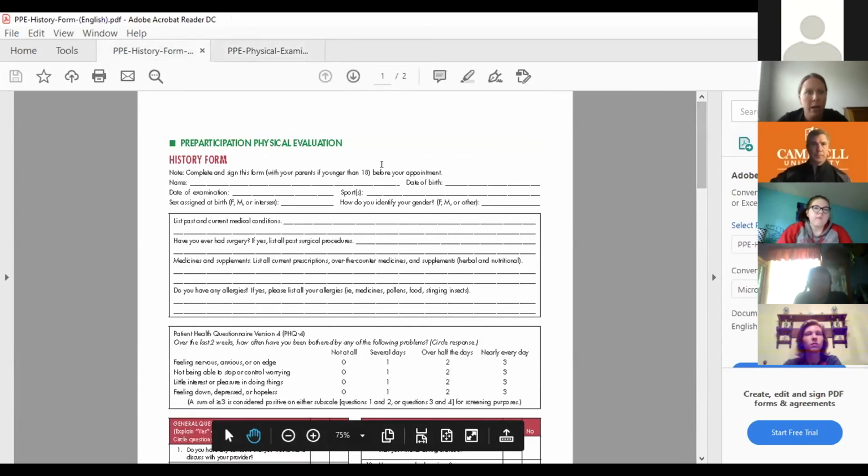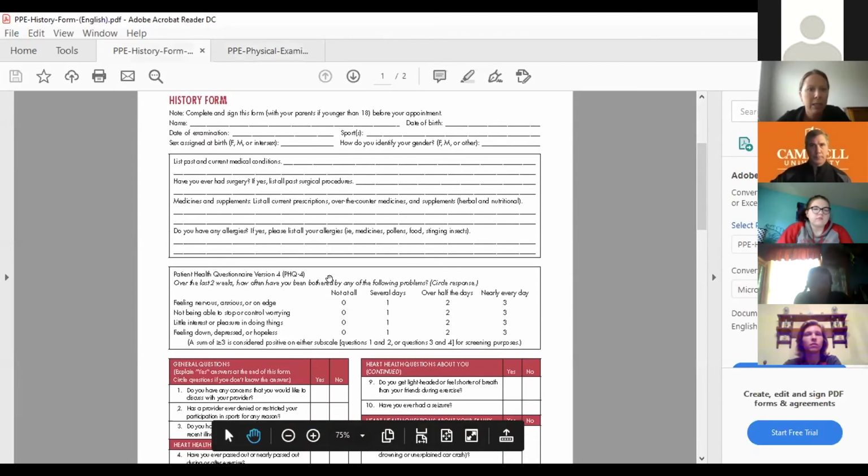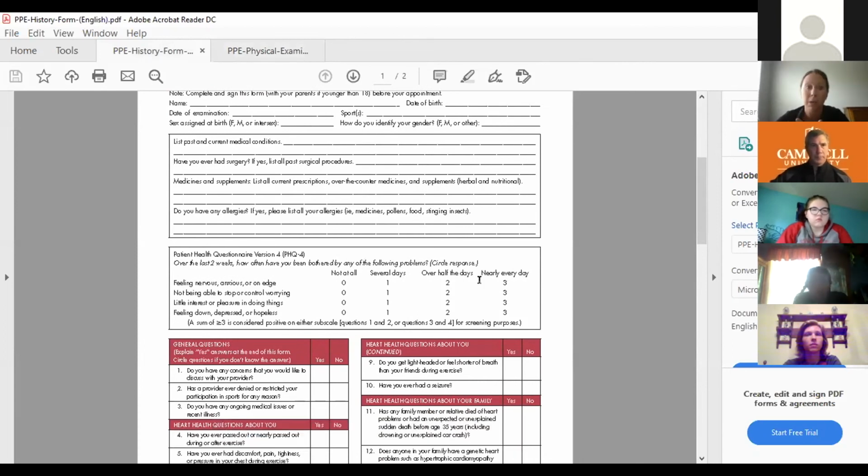And this is what a student would fill out prior to going to, and bring with them to, their physical. Okay, and this includes personal medical history as well as family medical history. Any past or current medical condition they list. Have you ever had surgery?